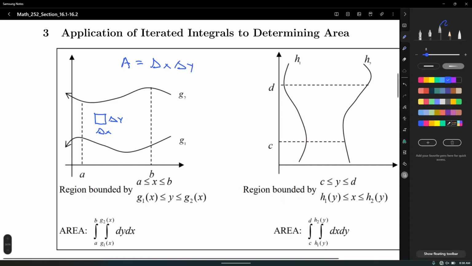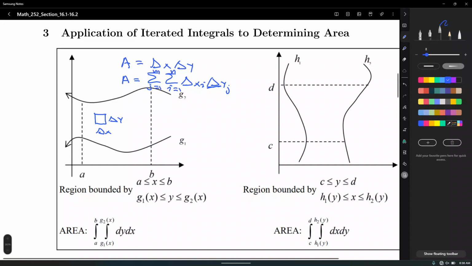But if we wanted to find the area of the entire region, then we would have to sum. Actually, it's going to be a double Riemann sum with delta x sub i, delta y sub j, where i goes from 1 to n and j from 1 to m.